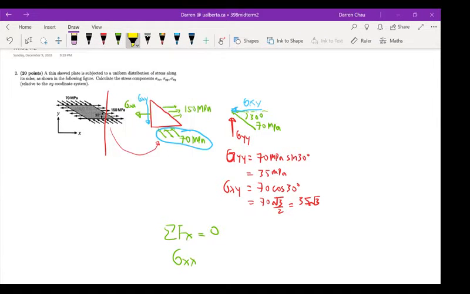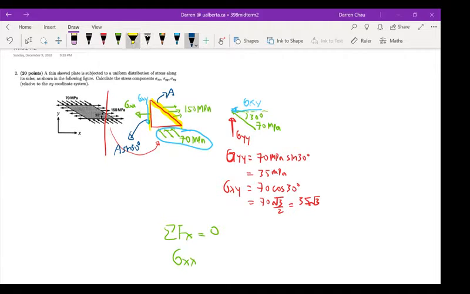We assume the area of this side to be A. So in other words, the area of that side would be A sine 30 degrees.